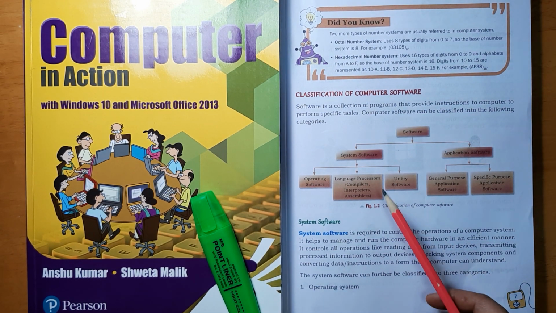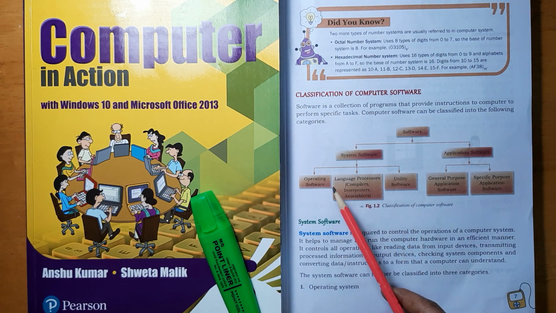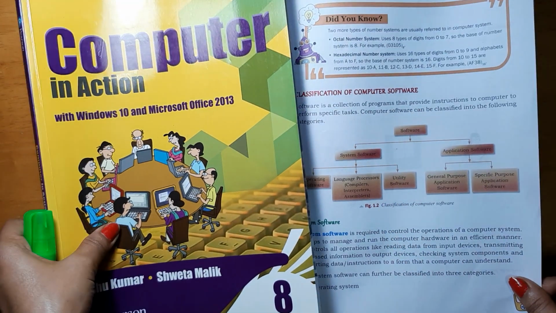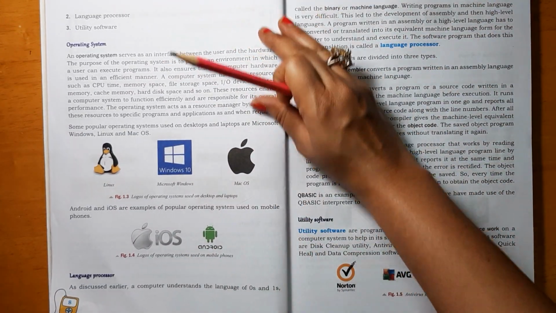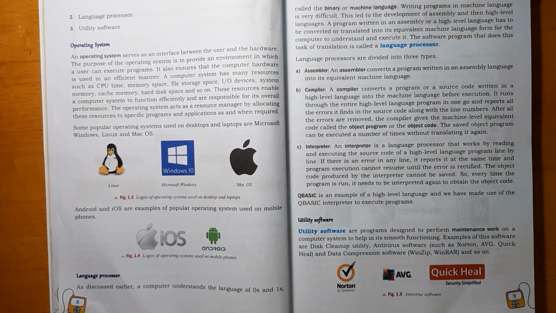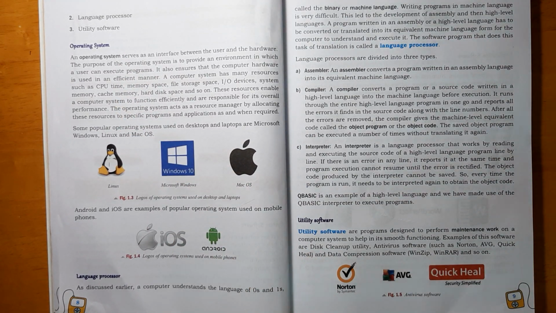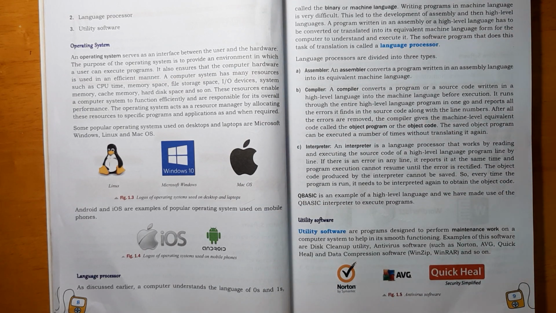So, as I told you before, the system software is divided into three categories: operating software, language processors, and utility softwares. So, let's see these all things one by one. The first one is operating system. An operating system actually is called a parental computer operating system because it serves as an interface between the user and the hardware.